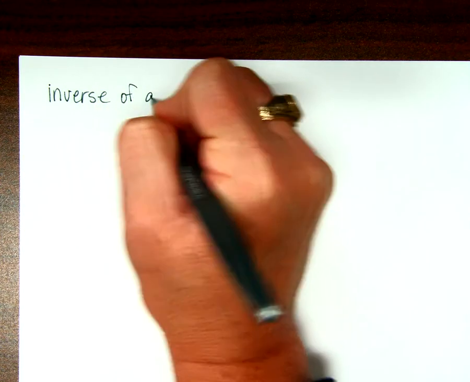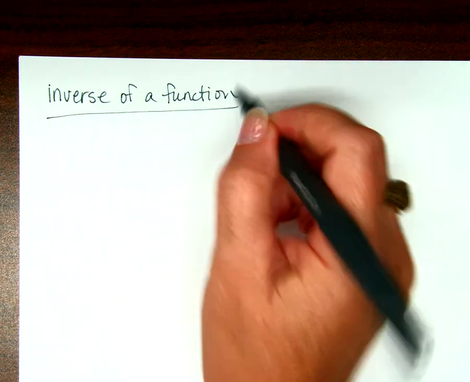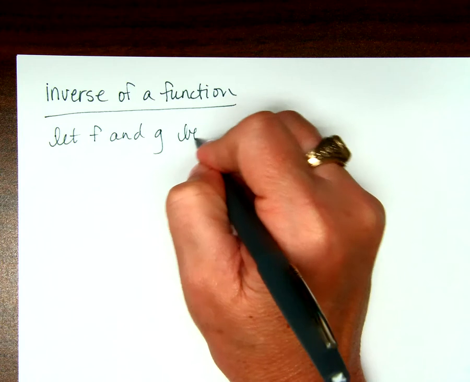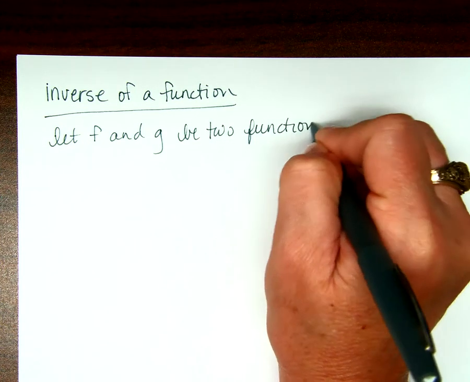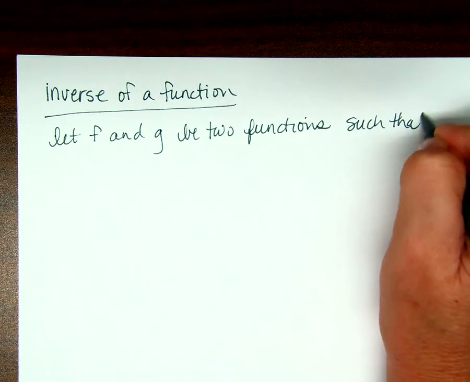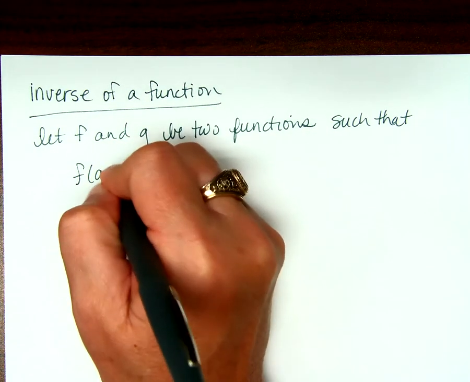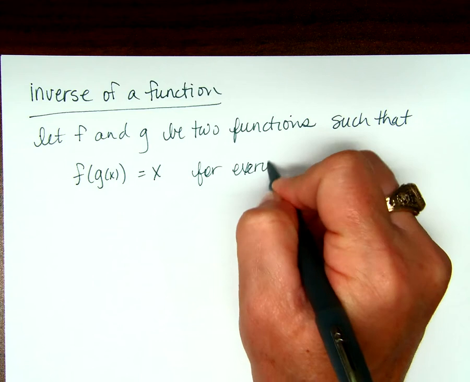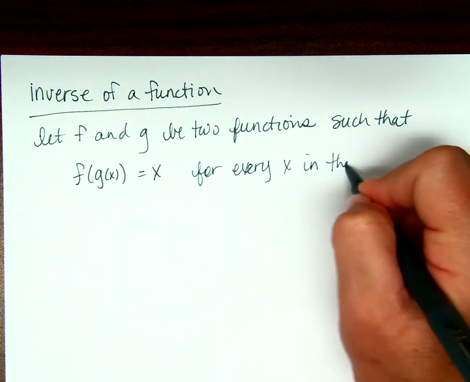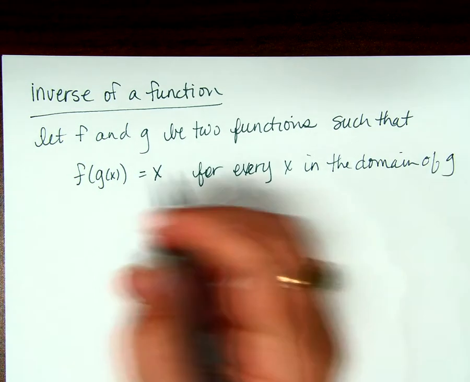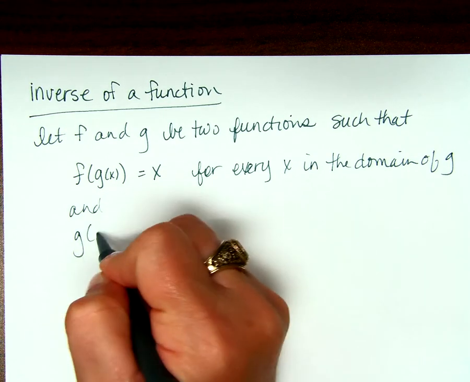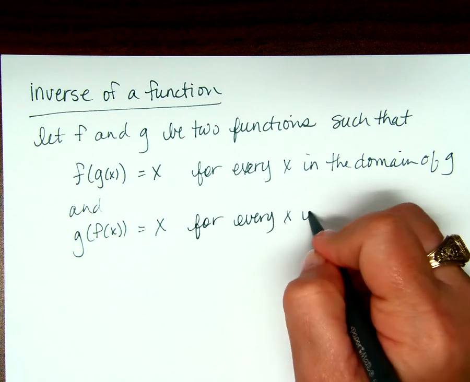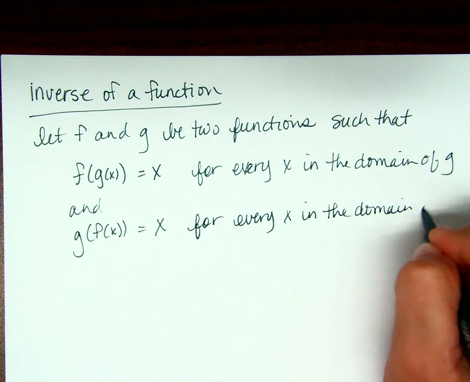So the inverse of a function: if we let f and g be two functions such that f of g of x equals x for every x in the domain of g, and g of f of x equals x for every x in the domain of f.